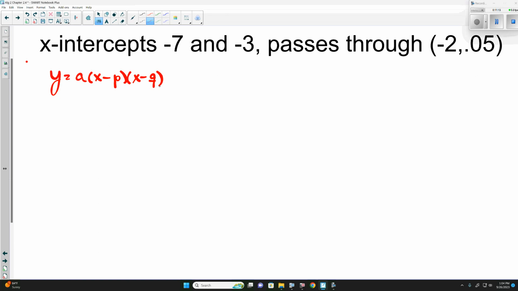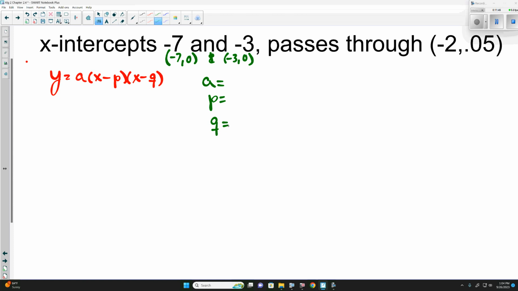Now, the other way we can write an x-intercept is as a point. And the y value of the x-intercept is always going to be 0. The actual y values at every point on the x-axis is 0. So we have this here. But that is also telling us our values of p and q, because for this one we need the values of a, p, and q.